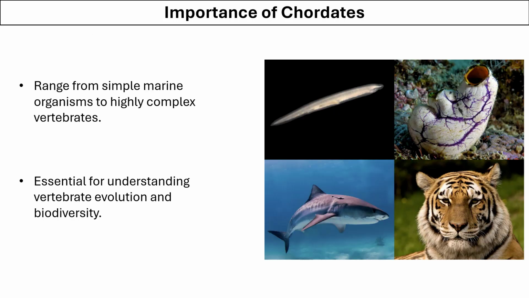Chordates range from simple marine animals to very complex vertebrates, which you see all around you: dogs, cats, and even human beings. Chordates are essential for our understanding to study the evolution of vertebrates and their biodiversity.